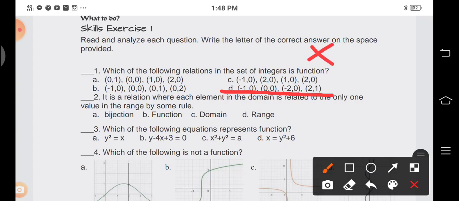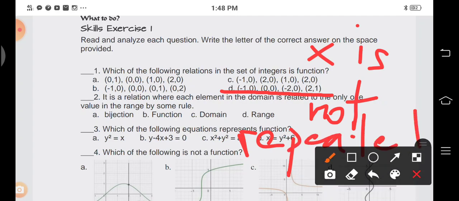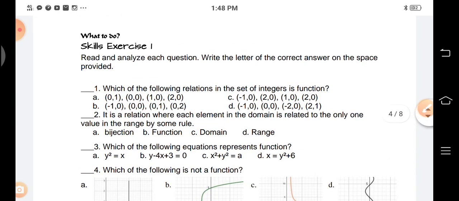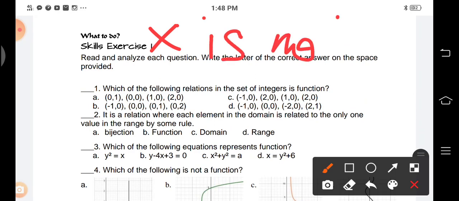X is not repeated. Again, it is a function if x is not repeated.